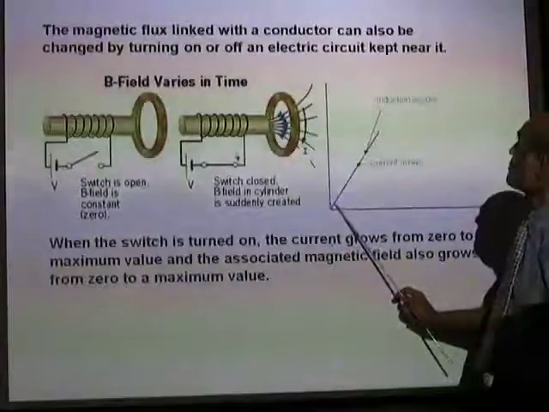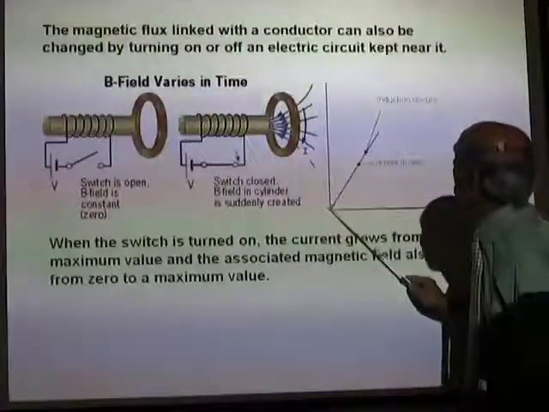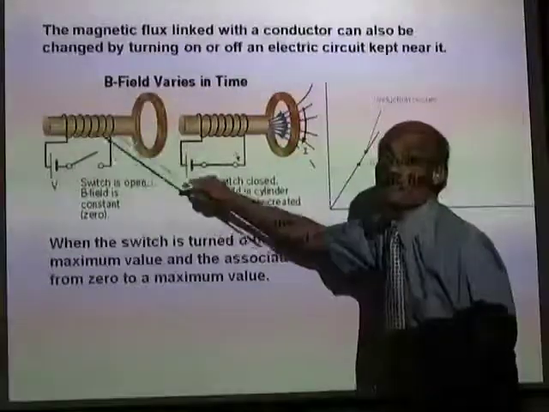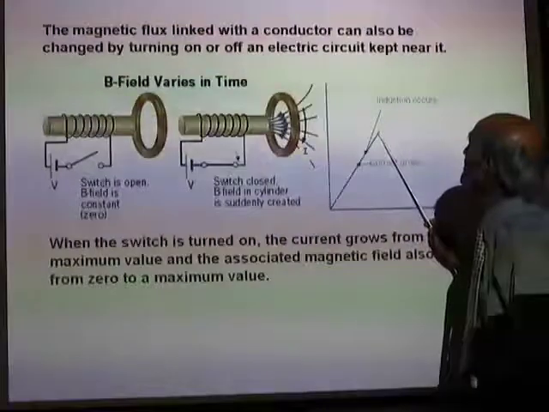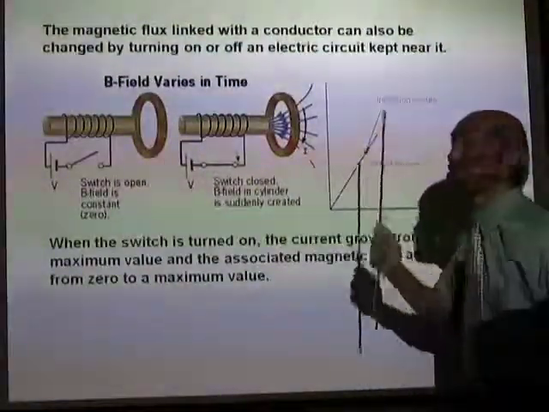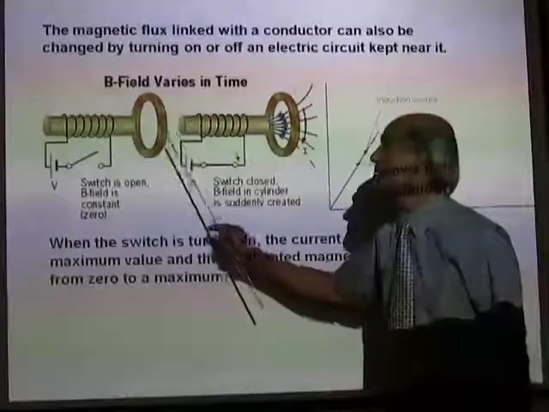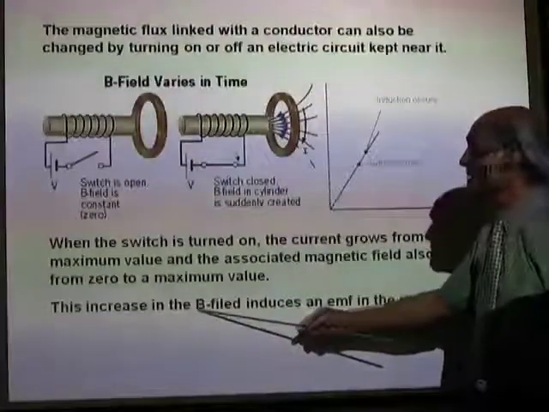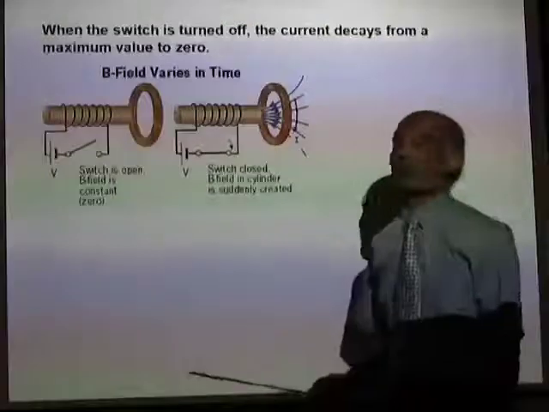Here, this is the magnetic field. The current in this conductor grows from 0 to a maximum. That means the magnetic flux generated by that will also grow from 0 to a maximum. So this conductor is now subjected to that increasing magnetic flux. That will generate an induced EMF in this conductor. So this increase in the B will induce an EMF in the ring.